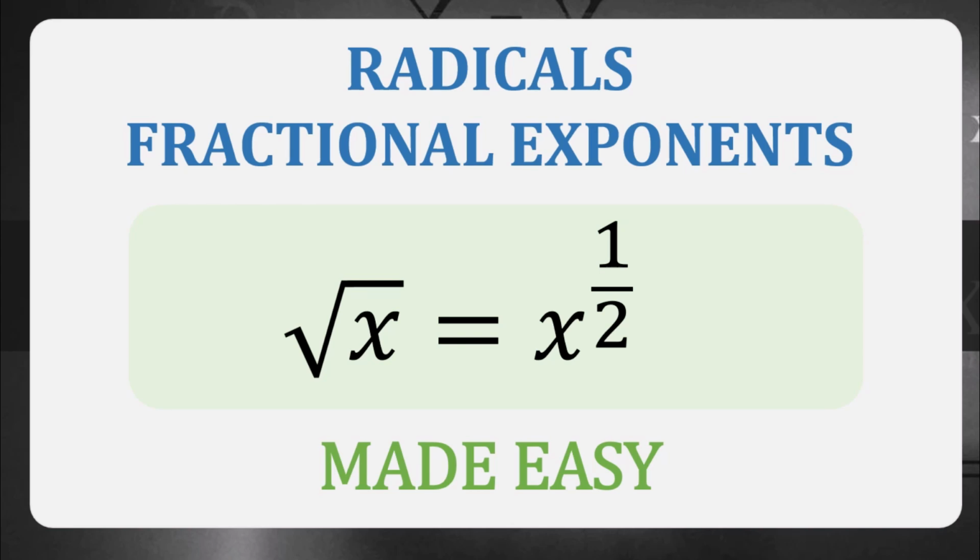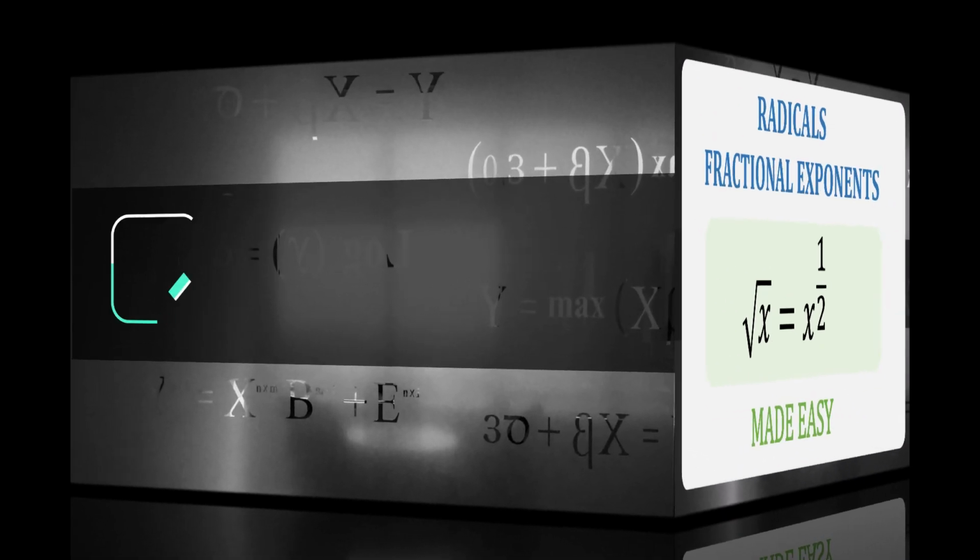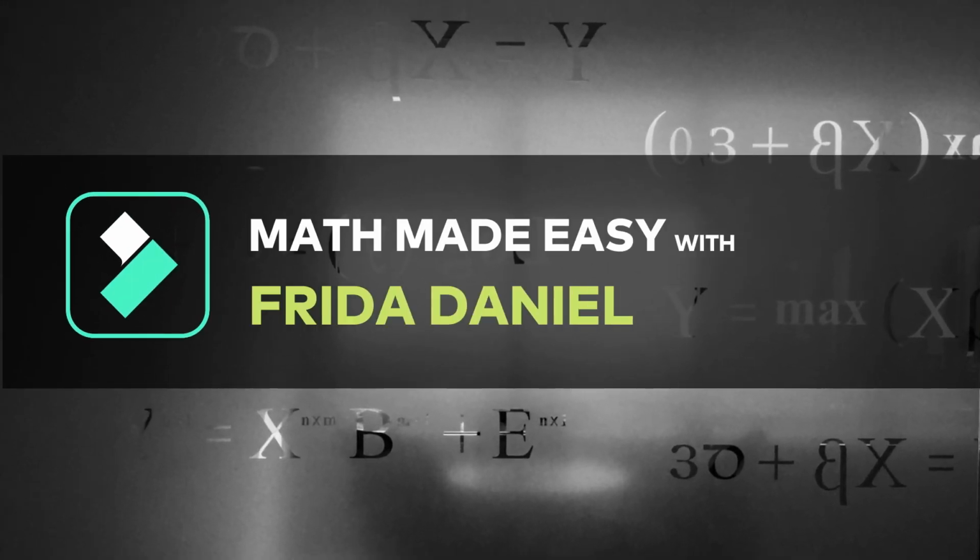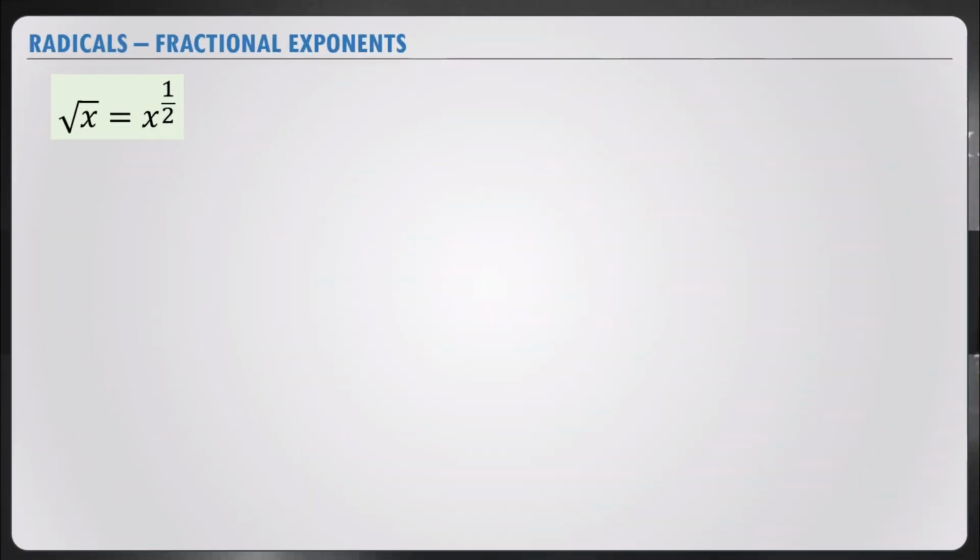Today we will be learning about radicals as fractional exponents. When working with radicals like square root of x, cube root of x, and so on, it is very helpful to think of them as fractional exponents.